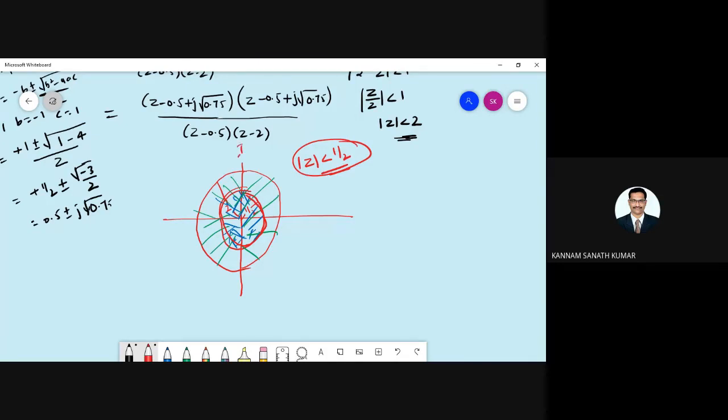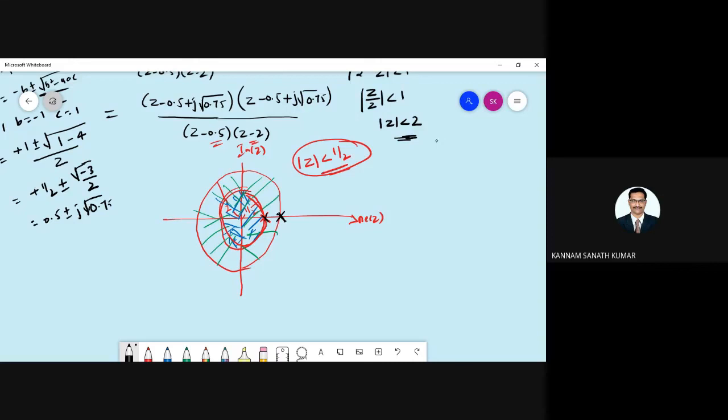So this is the imaginary part of z and this is nothing but the real part of z. Okay, this is the z plane. And we also plot the pole zero plot. So what are the poles? These are the poles. So z minus 0.5 means this is one pole, and z equal to 2 is another pole.